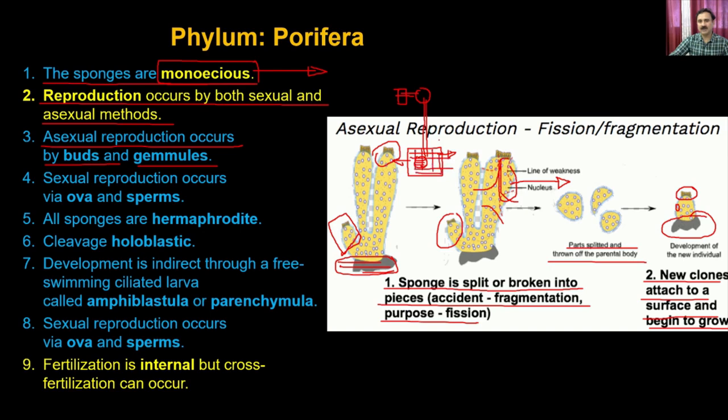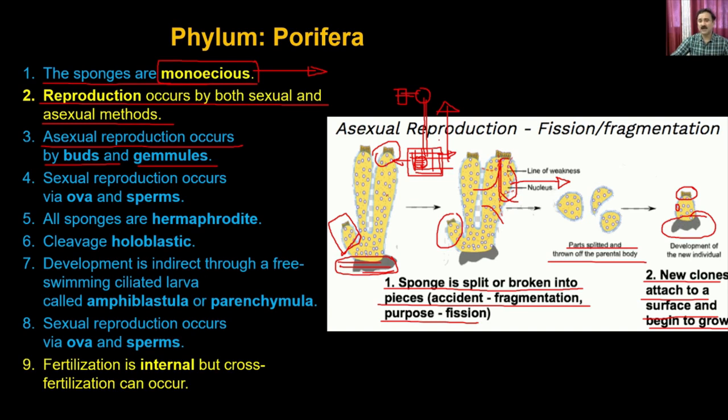Ultimately, when they want to harvest, they will take out this particular rock, remove the sponges that have grown, and that's how they recover these sponges. One of the commercial uses of these sponges is for the sponges you use in your home.